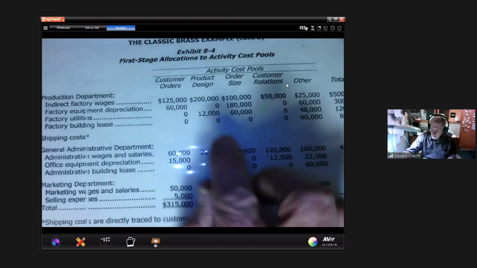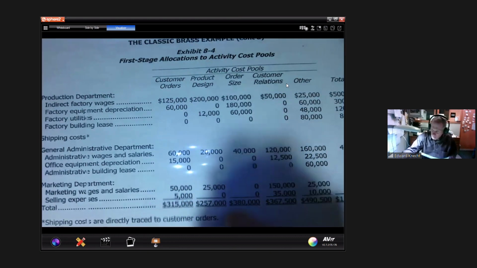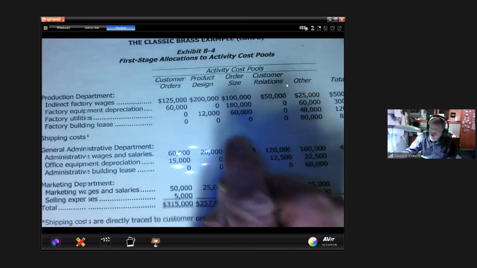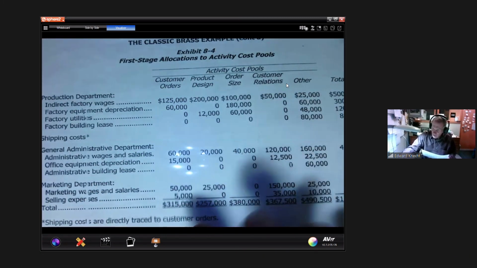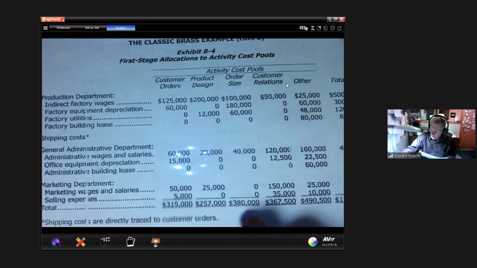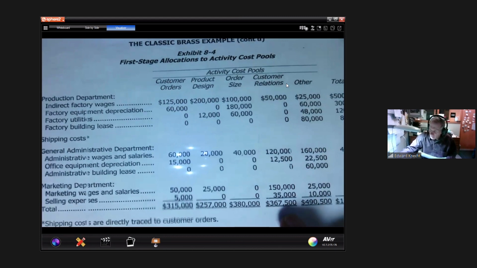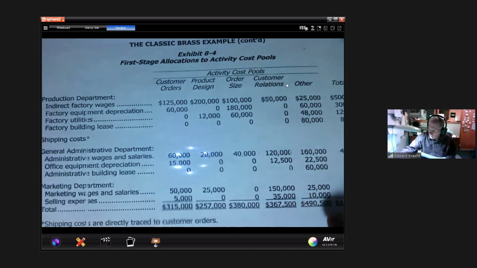Then 40% of 500,000 would be exactly $200,000. That's all you do, and you total it up for the different cost pools. The total cost for customer orders is 315,000. For product design it's 257,000. Order size 380,000. Customer relations 367,500. And the other is just going to be the total.